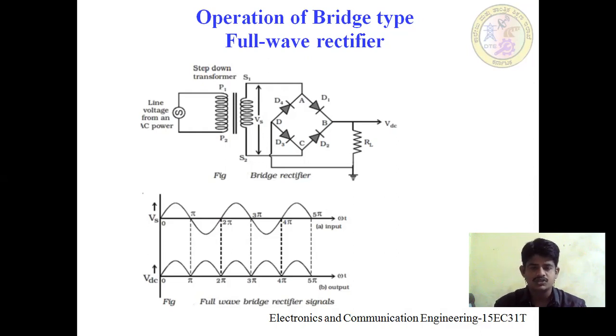You must remember that. Then you will understand how you get the output in the bridge type full wave rectifier. Just go with the circuit diagram and try to analyze the function of the bridge type full wave rectifier.